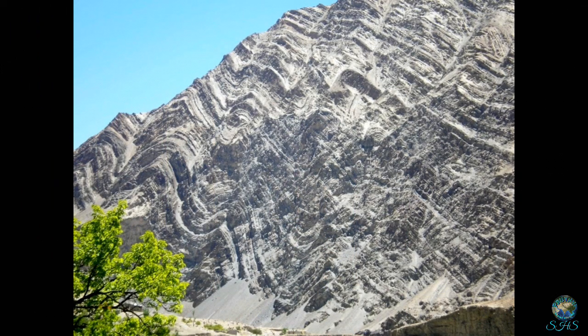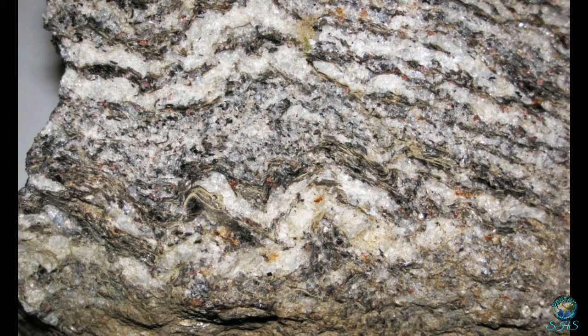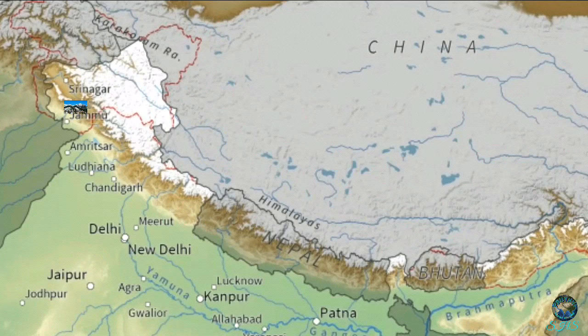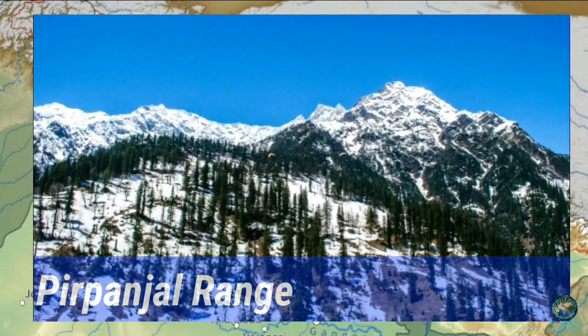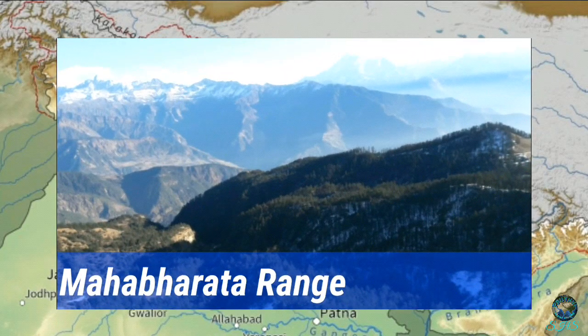It has the most rugged relief. These ranges are mainly composed of highly compressed rocks. The height ranges from 3700 meters to 4500 meters. Important ranges are Pir Panjal Range, Mahabharat Range.